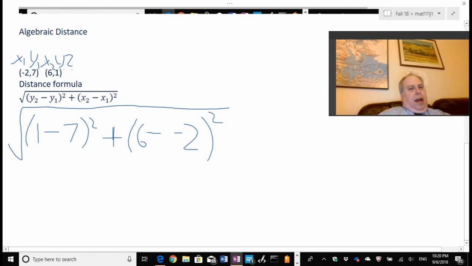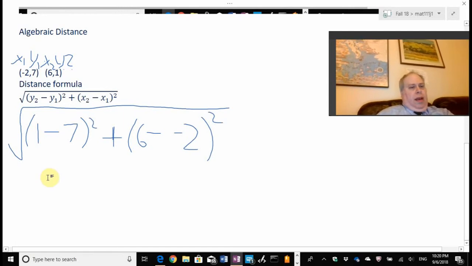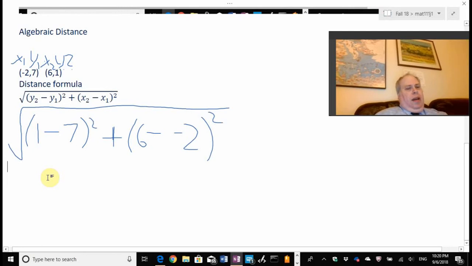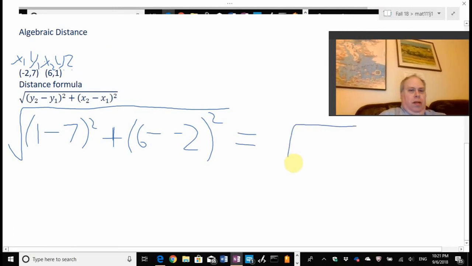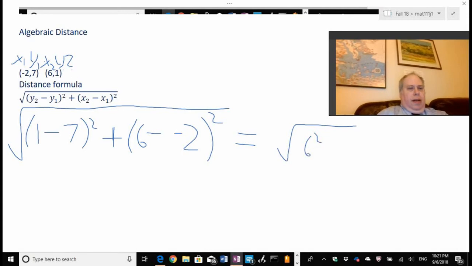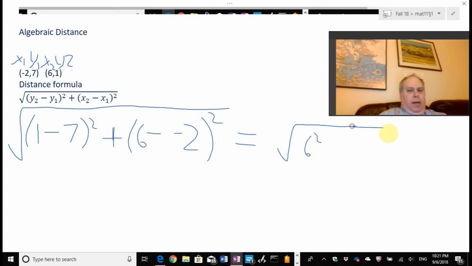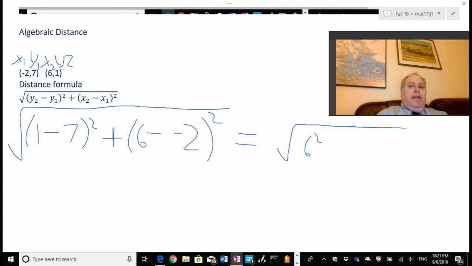Okay? Now, I can figure out that this is equal to the square root, 1 minus 7 is -6 squared. 6 minus negative, minus a minus is a plus, guys.